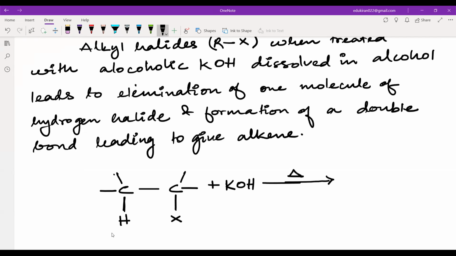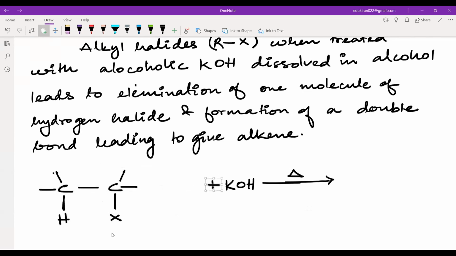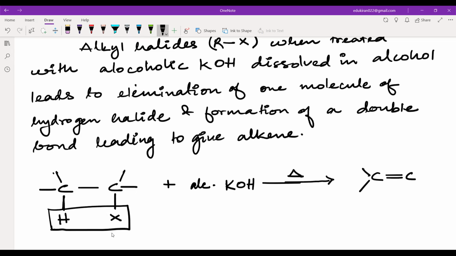Rather than writing KOH, I should write alcoholic KOH because the alcohol is also important. These two will be getting away, and you will be forming C double bond C. Whatever was attached will be attached in the same manner. This is the formation of alkene from alkyl halides. Here the X should be chlorine, bromine, or iodine.